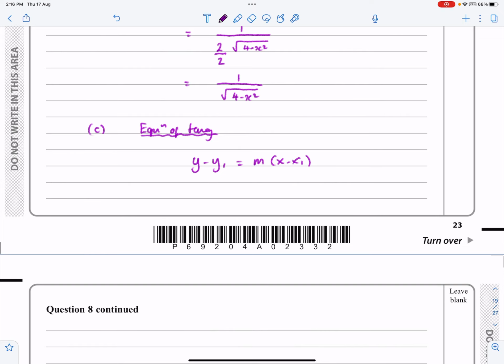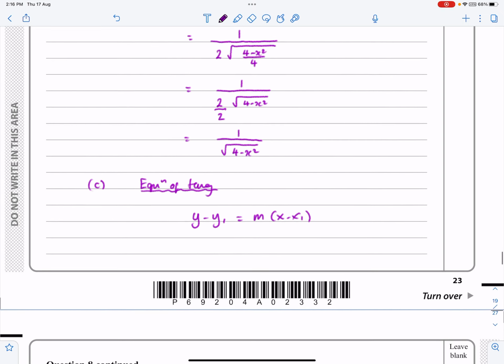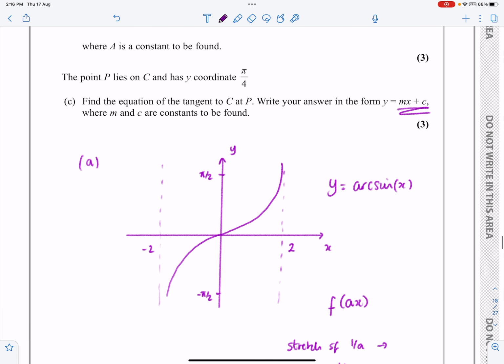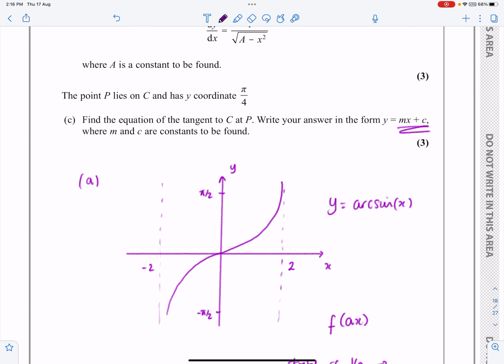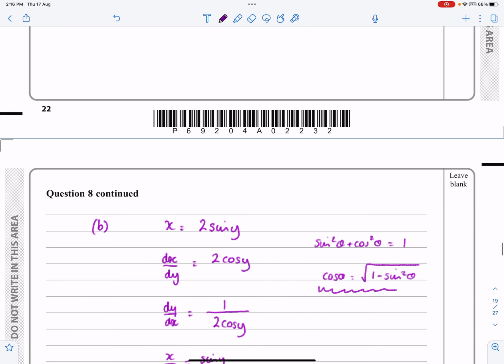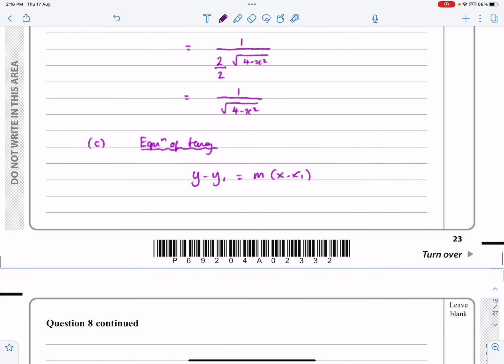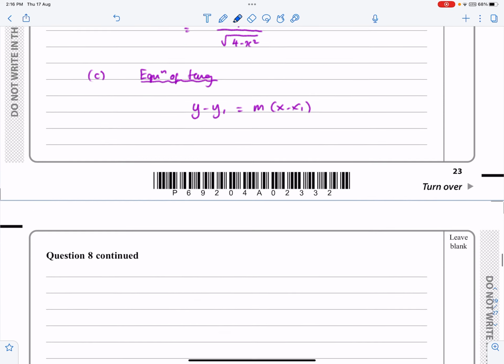X1 and Y1 are going to be points that we've been given, and in the question we're told that the Y coordinate Y1 is equal to pi over 4. So now what we've got to do is work out Y1, M and X1, and just tell me what you're doing as you're actually finding them.